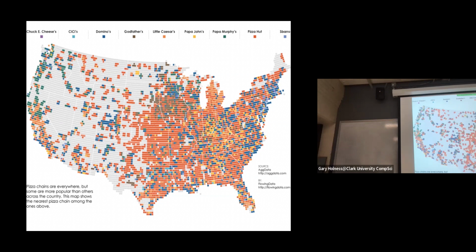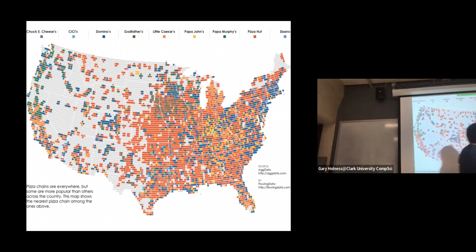And so some things that are kind of curious, at least to me when I see this, along the West Coast from like Silicon Valley up through like Seattle, it seems that Papa Murphy's is pretty popular, just at the edges. There's a kind of pizza hole where there's nothing here in Nevada.